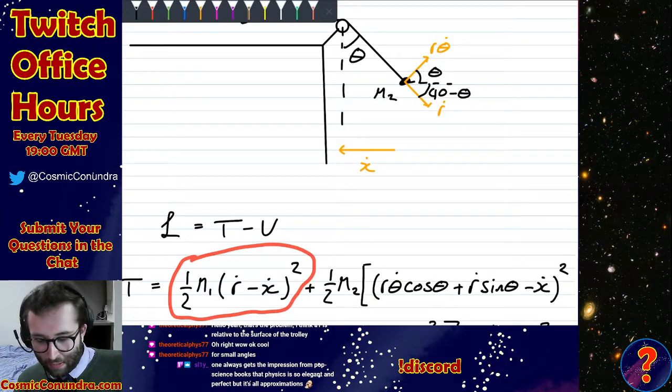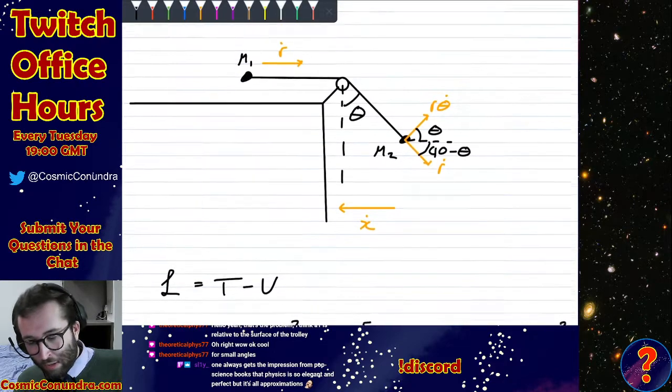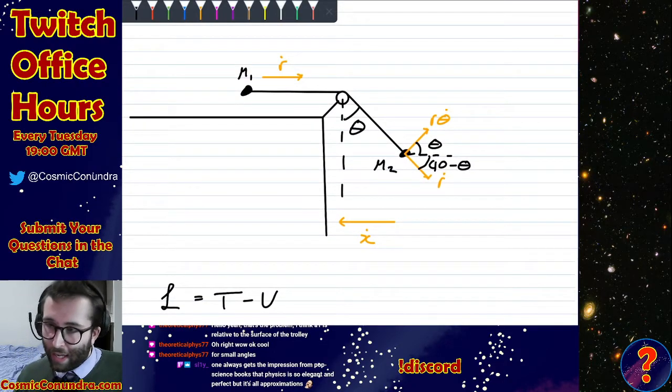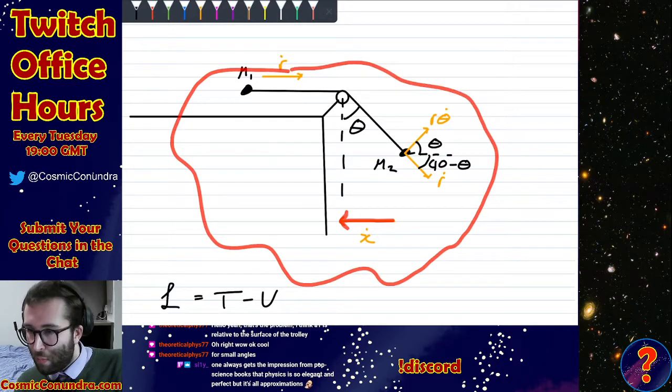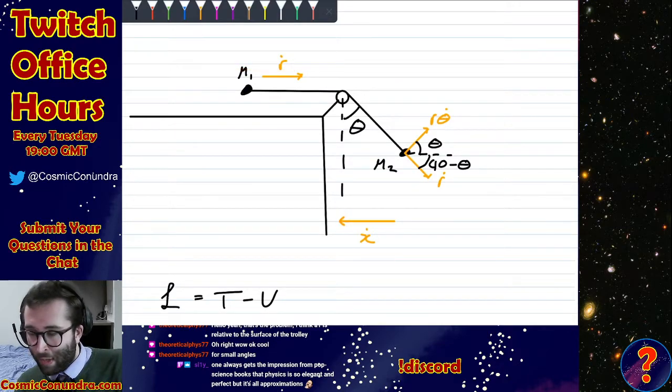Particle m2 is the most complicated one. So now you have to think about the horizontal and the vertical motion of particle m2. It has a horizontal component going to the left that is due to this entire frame moving to the left by some speed x dot. And then it has these two components here, the tangential velocity and the radial velocity.